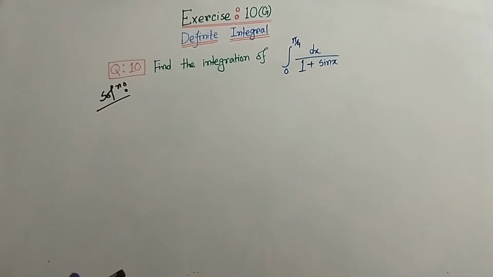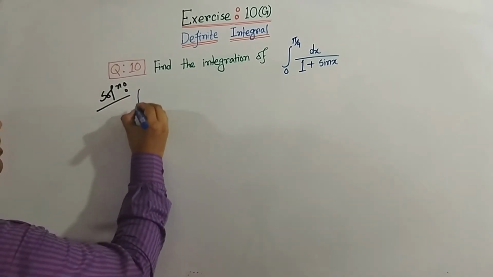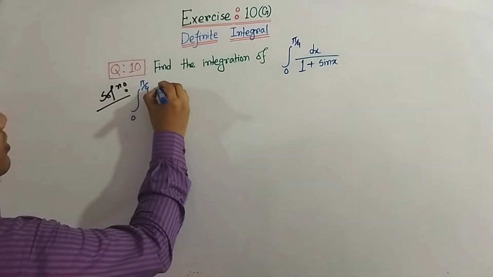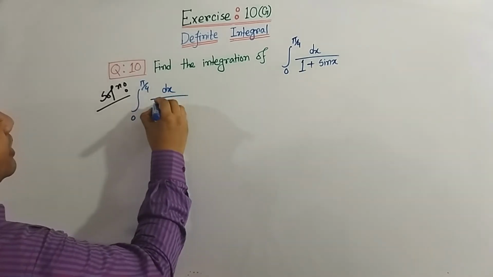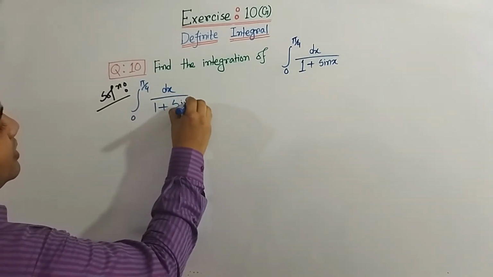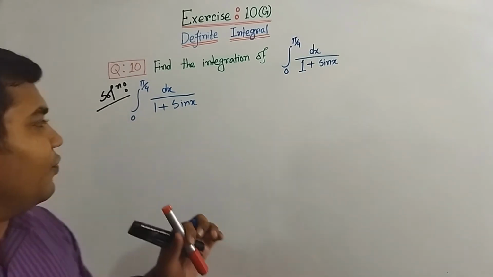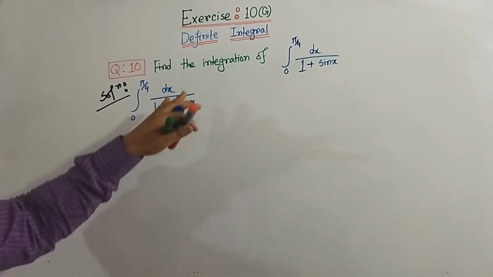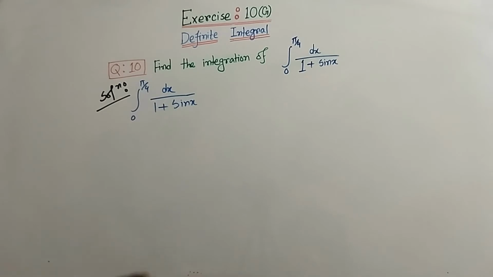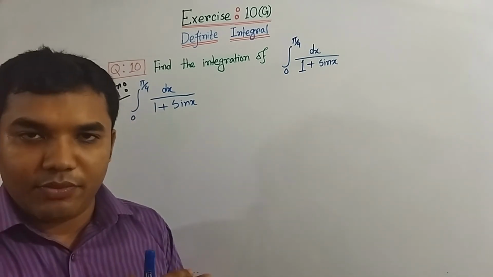Here is given the integration from 0 to pi by 4 of dx, it should be 1 plus sin x, isn't it? So to solve these types of problems, first we will multiply both numerator and denominator by the opposite sign of it.